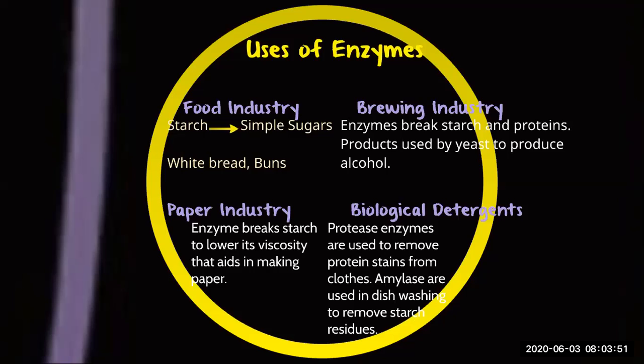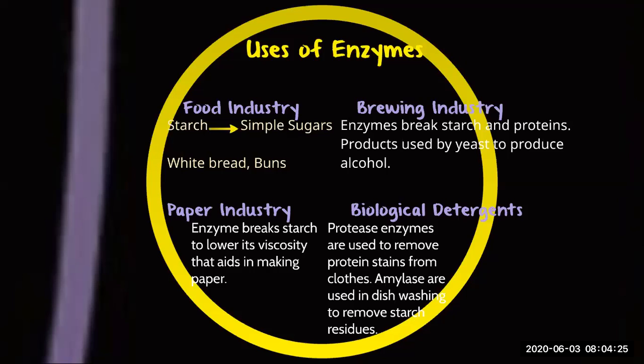The products are used by yeast to produce alcohol. Yeast undergoes fermentation to make alcohol, and yeast is a fungus, so it needs smaller molecules to digest. The enzymes break bigger molecules like starch and proteins into smaller ones, and those small molecules are used by yeast to produce alcohol. This is happening in the brewing industry.